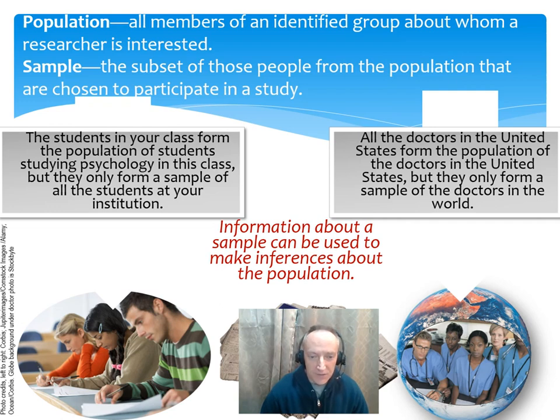And if we design a good study, even though we've only studied a subset of the population, we should be able to make some inferences that if it worked for this group, then it should work for the population from which they are drawn. Now again, that only is going to be possible if we have a good sample.